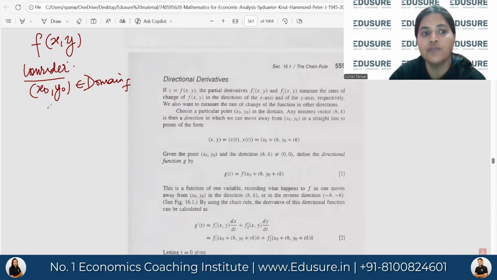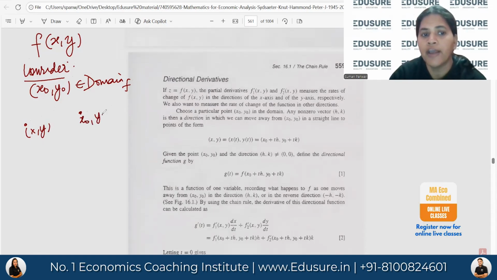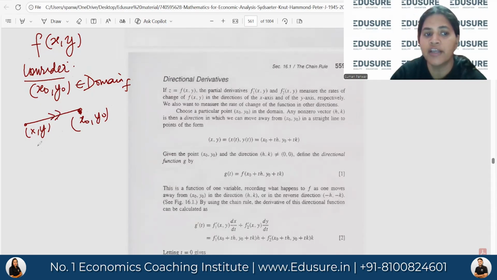If x, y is any arbitrary point in the domain and x naught, y naught is a particular point in the domain, the direction ratios of this vector are given by x naught minus x and y naught minus y. Or we can say x minus x naught, y minus y naught.